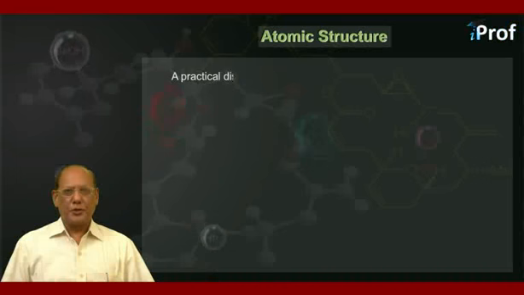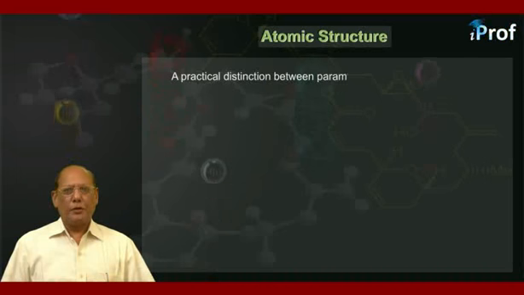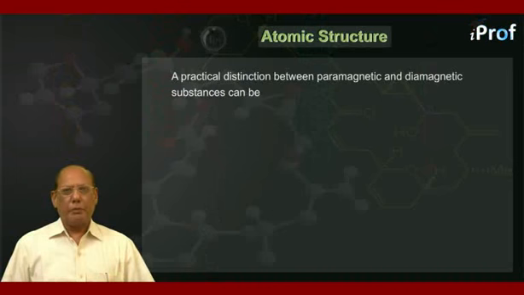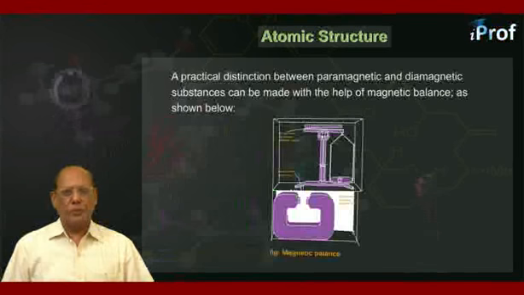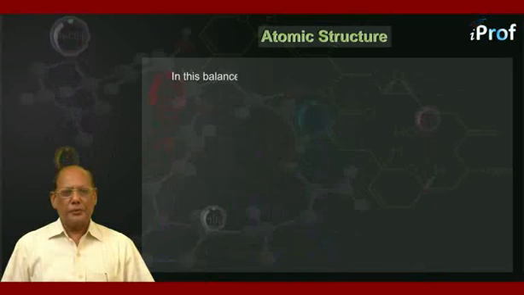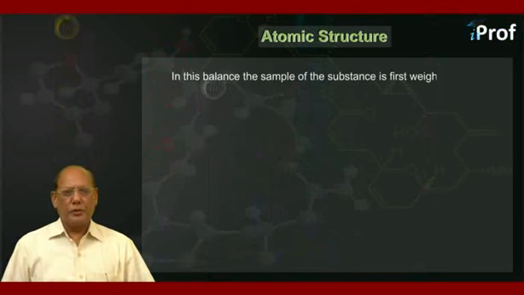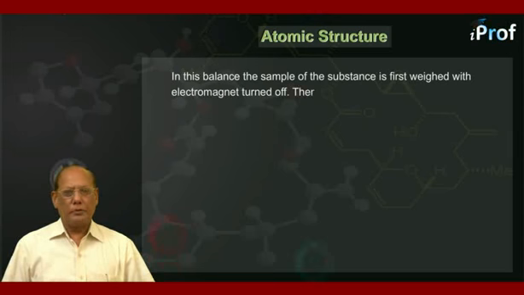A practical distinction between paramagnetic and diamagnetic substances can be made with the help of a magnetic balance, as shown below. In this balance, the sample of the substance is first weighed with the electromagnet turned off.